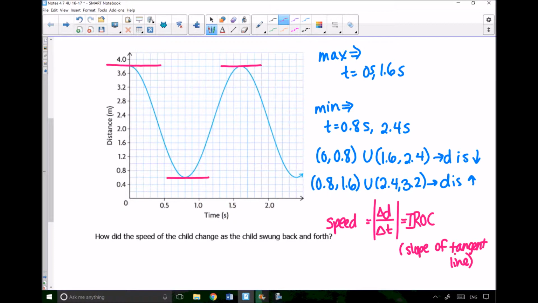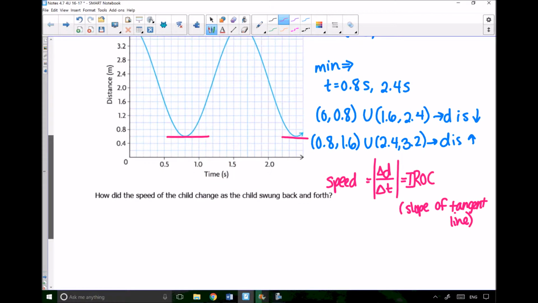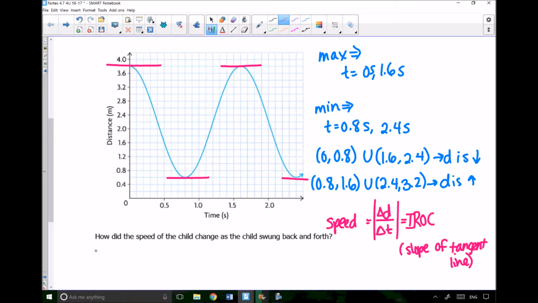The slope of my tangent line here is 0, as well as here. So we'll say the speed is 0 when the time is equal to 0 seconds, 0.8 seconds, 1.6 seconds, and 2.4 seconds.